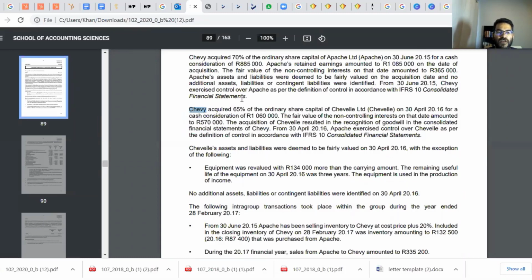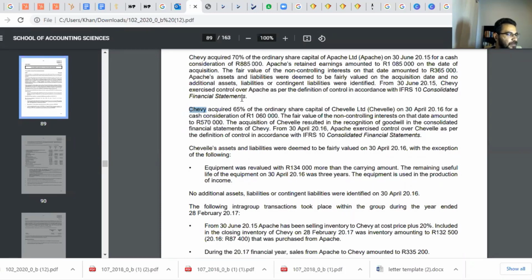The fair value of the non-controlling interest on that date amounted to 570,000 rand. The acquisition of Chevelle resulted in the recognition of goodwill in the consolidated financial statements of Chevy. From 30th April 2016, APAC exercised control over Chevelle as per the definition of control in accordance with IFRS 10.